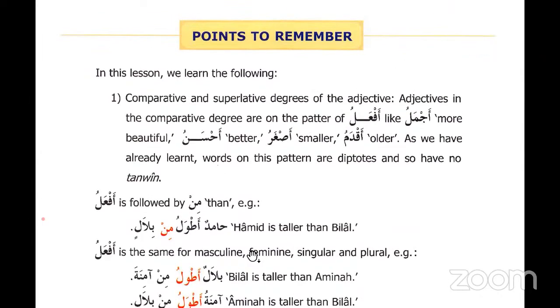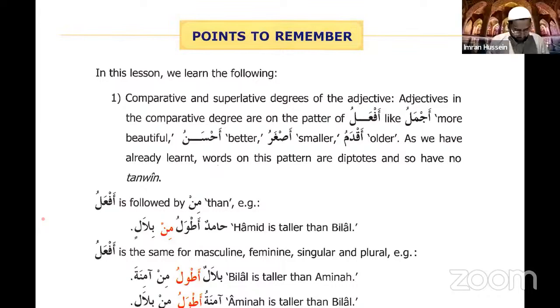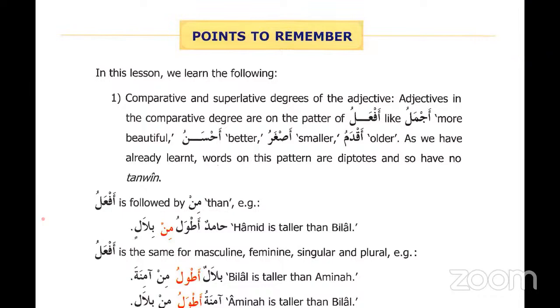In this lesson, we learn the following: comparative and superlative degrees of the adjective. Adjectives in the comparative degree are on the pattern of af'alo, like ajmalo, more beautiful. Ahsano, better. Asghar, smaller. Akbaro, older.